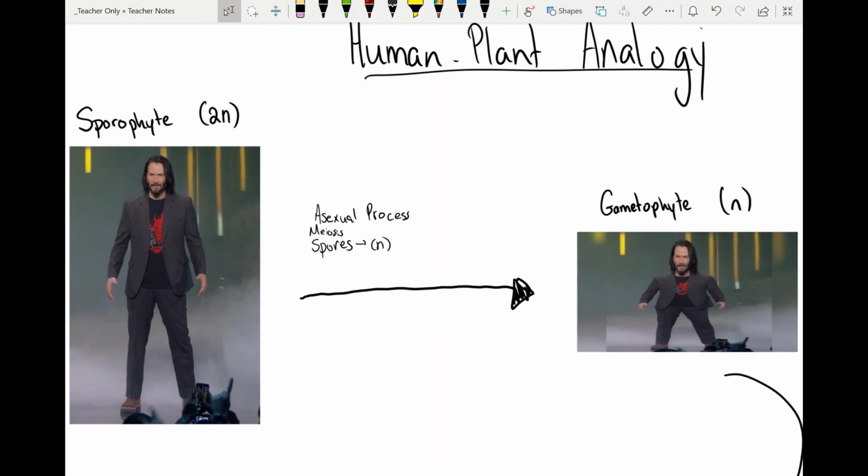So, same genetic material. Again, this is an asexual process.